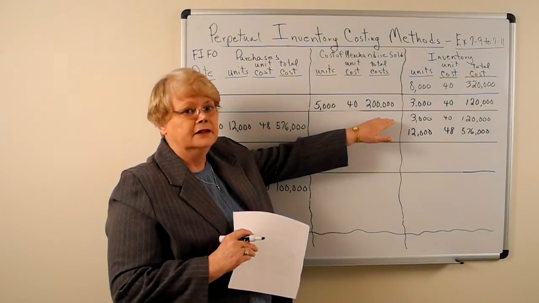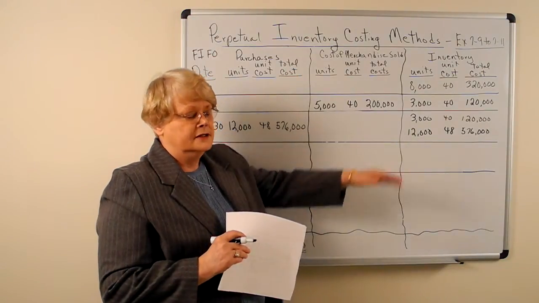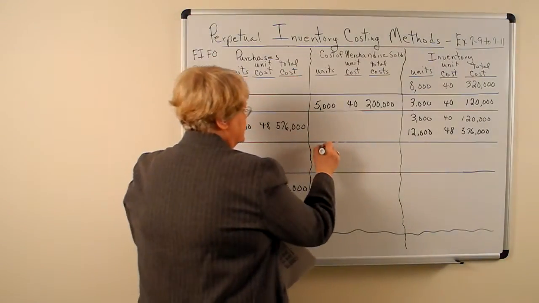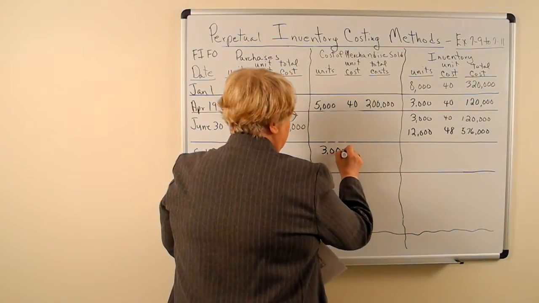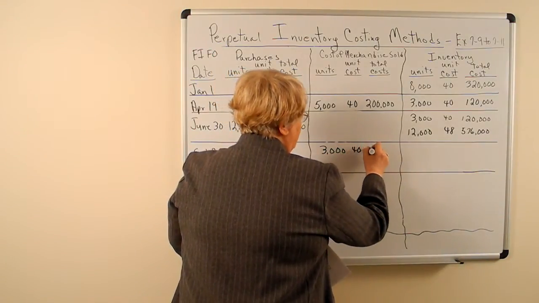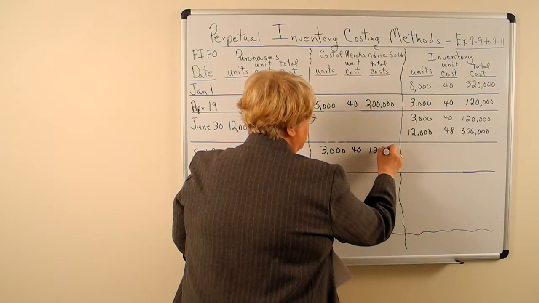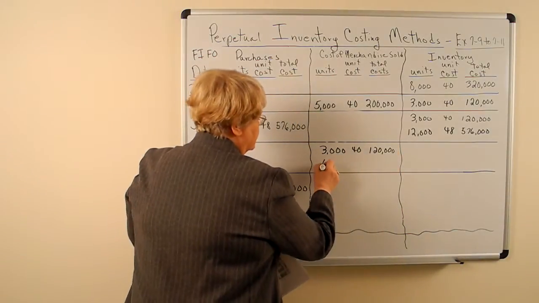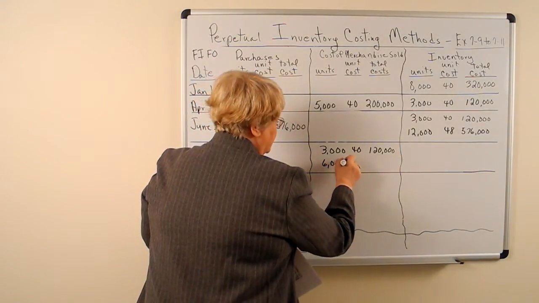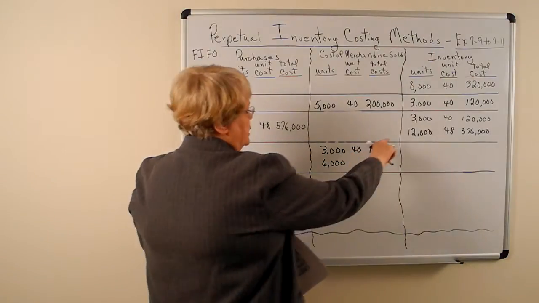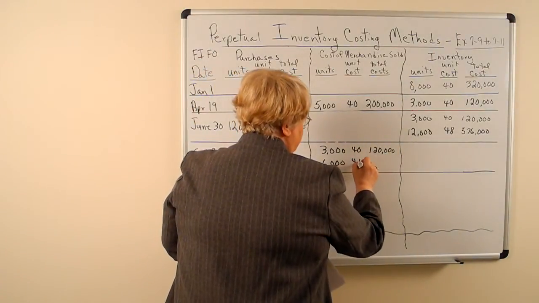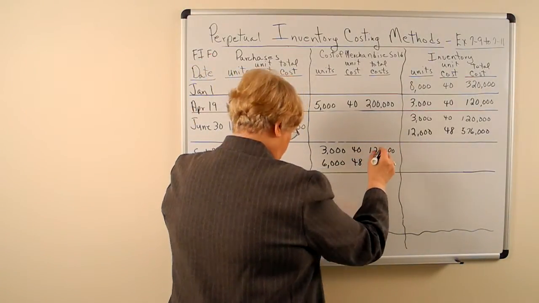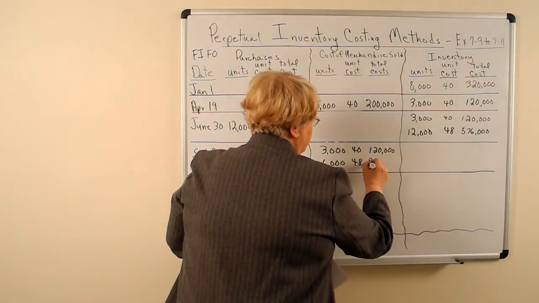We will be looking at the top layer for FIFO. So we're going to take 3,000, that whole layer, at 40 or 120,000, but we need to cost out 6,000 more because our sale was for 9,000. We're going to take the 6,000 from that layer. That is 6,000 at 48 or 288,000.